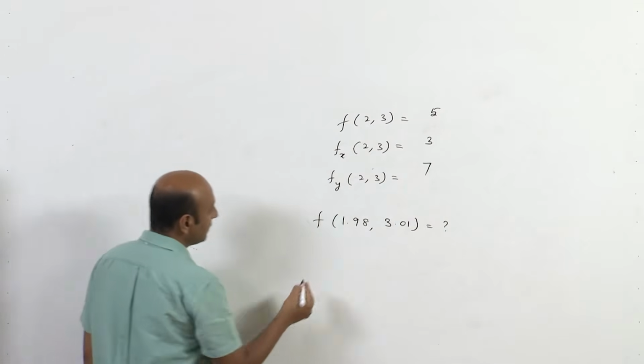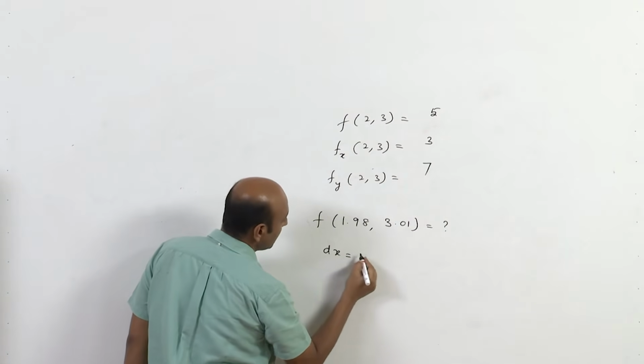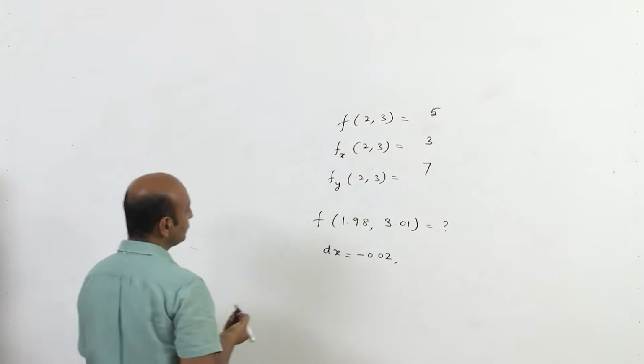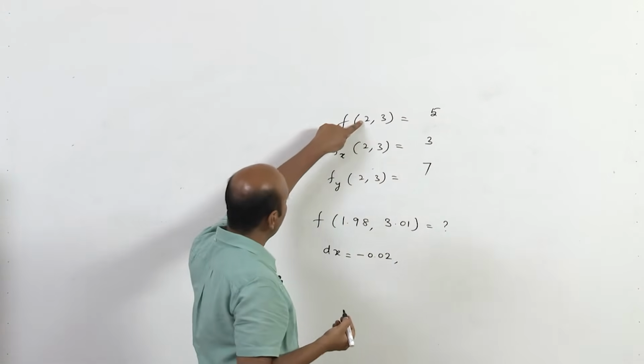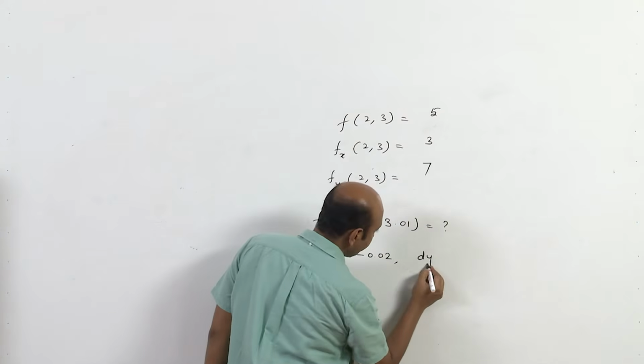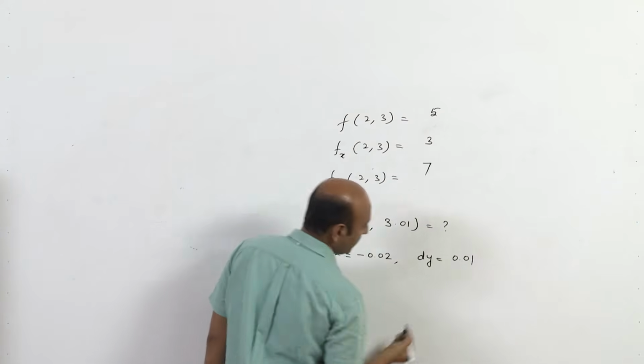So, we can take dx as minus 0.02, because 2 when you add this you get 1.98, and dy as 0.01.